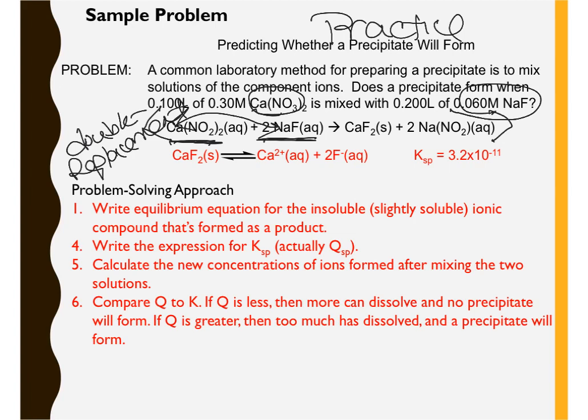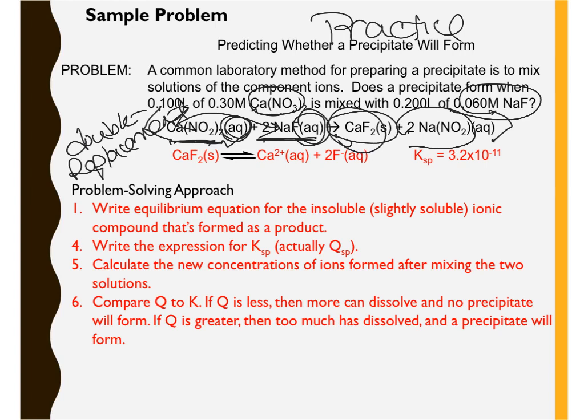So what happens when you do that? Well, calcium ends up with fluoride and sodium now ends up with nitrate. And why are they doing that? Because we started out with two reactants that were soluble. That's what the aqueous means. Remember, soluble in water, dissolved in water.